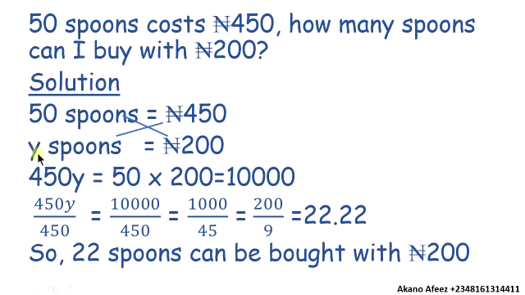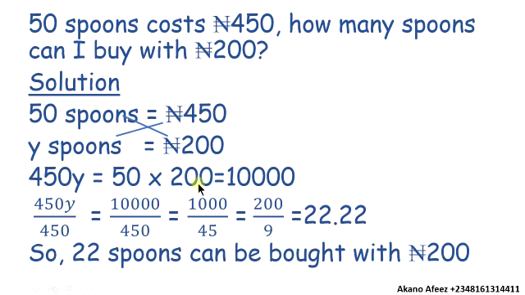So y spoons equals 200 naira. Cross multiply. I like to multiply the letter first. So 450 times y gives us 450y, equals 50 times 200.